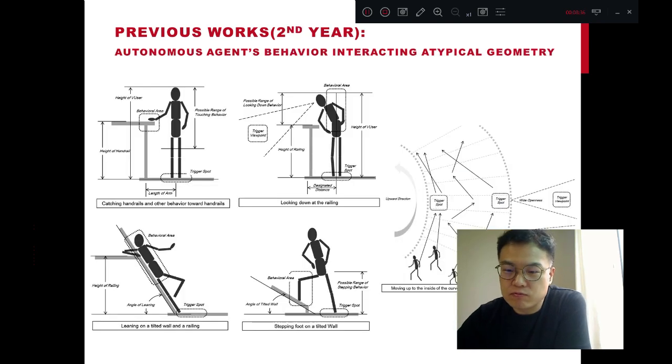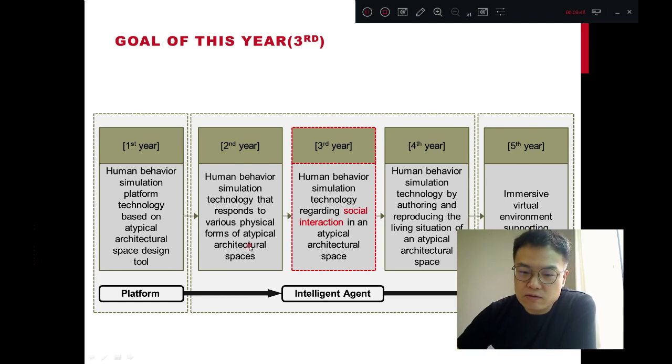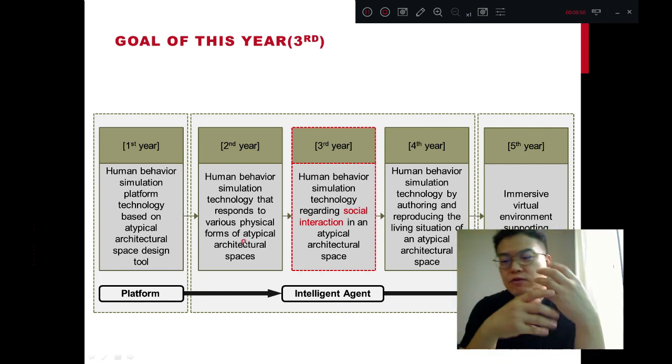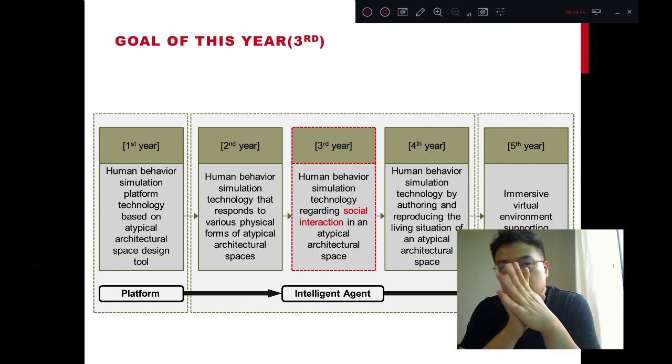This is the first year. In the second, third, and fourth years, we're going to make agent intelligence. So in the second year we're going to make some interaction with the physical context.